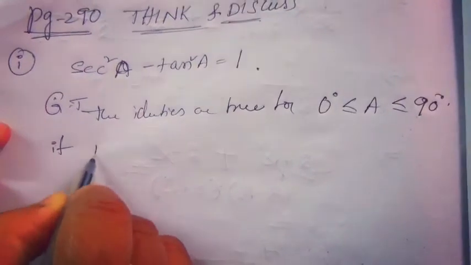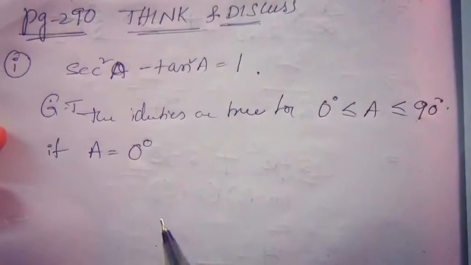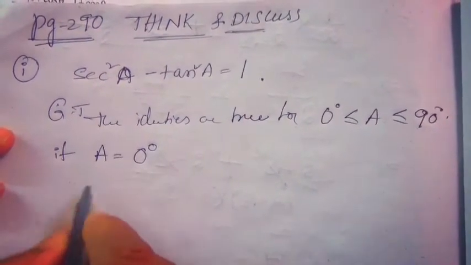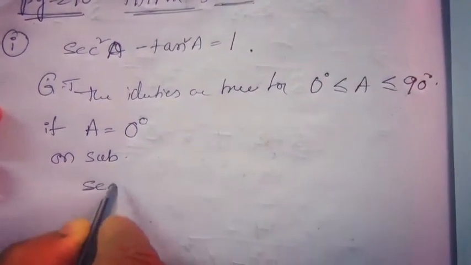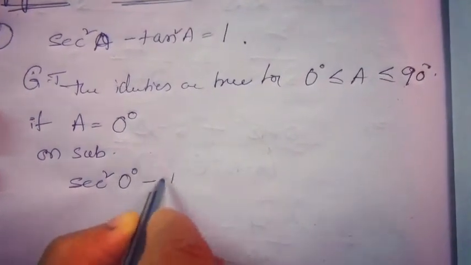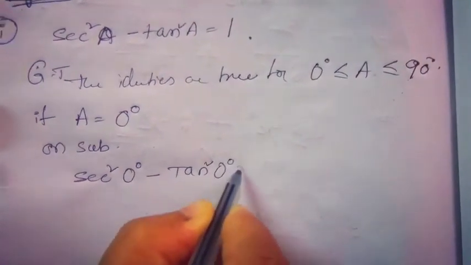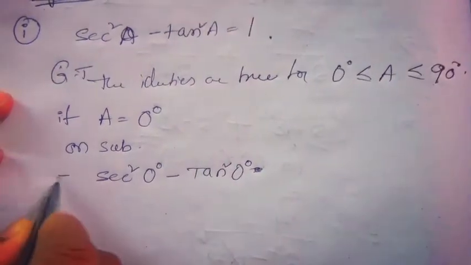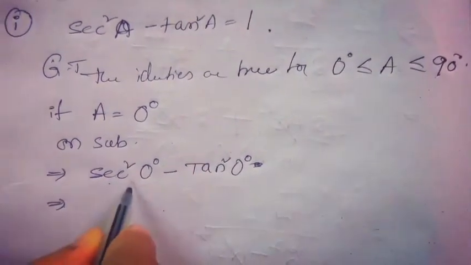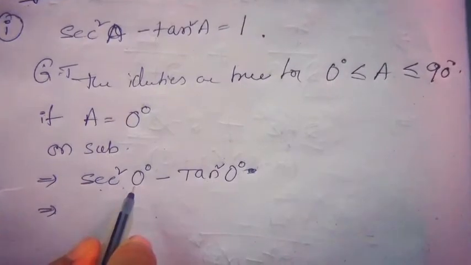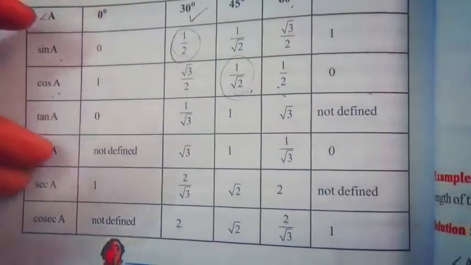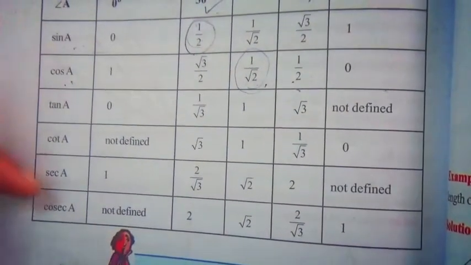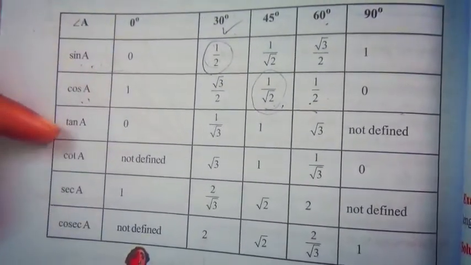If a is equal to 0 degrees, suppose, on substitution, secant square 0 degrees minus tan square 0 degrees is equal to... Already yesterday I sent one video for you about the values. By these values you can write secant 0 degrees and tan 0 degrees.